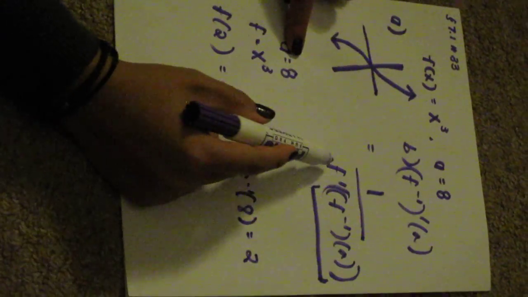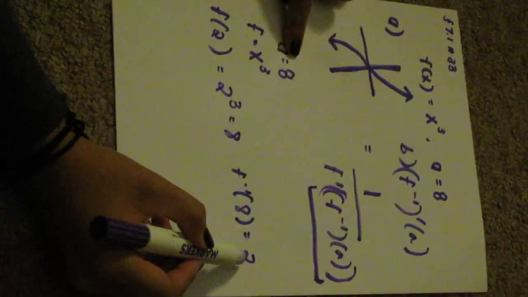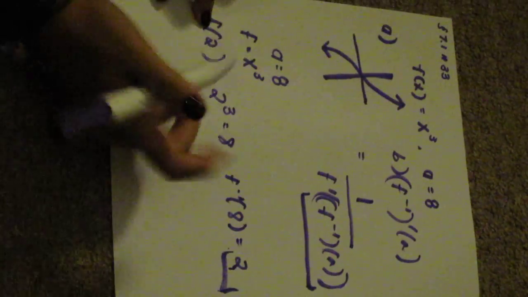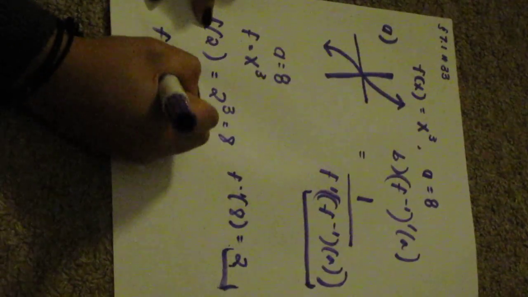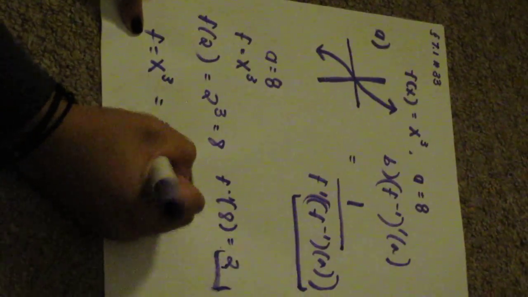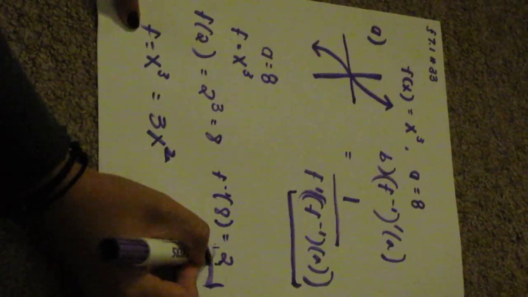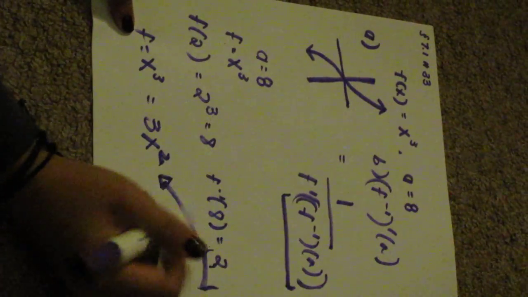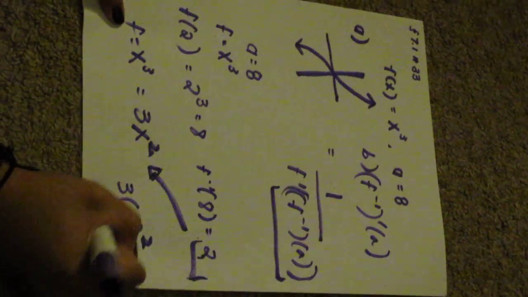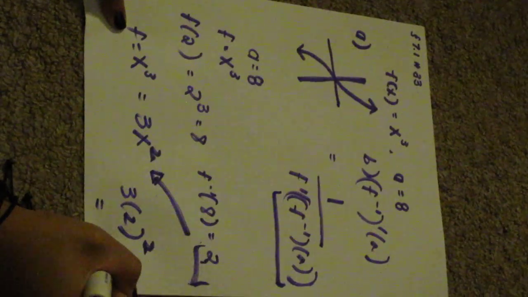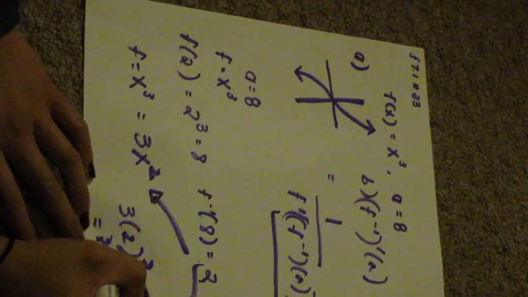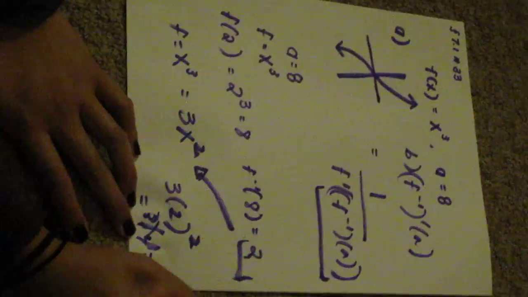Now you find the derivative of this. To find the derivative, you take your function f equals x to the third, and the derivative of that is 3x squared. You plug in your 2, and you get 3 times 2 squared, which equals 3 times 4, which equals 12.